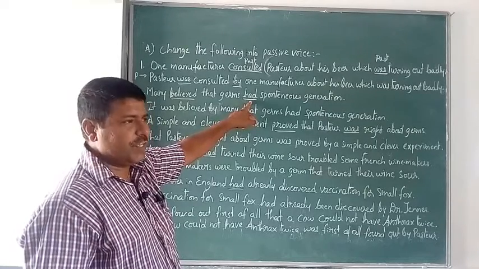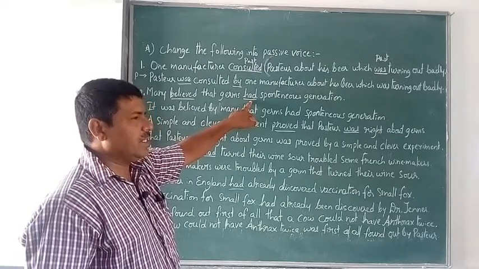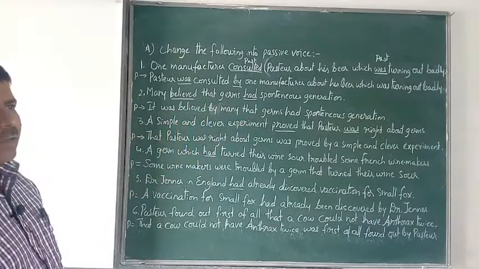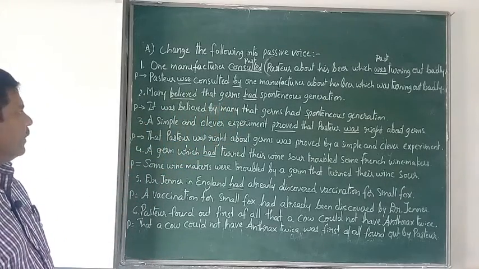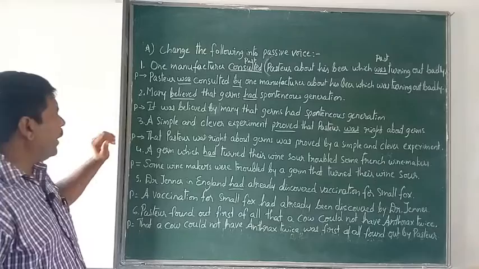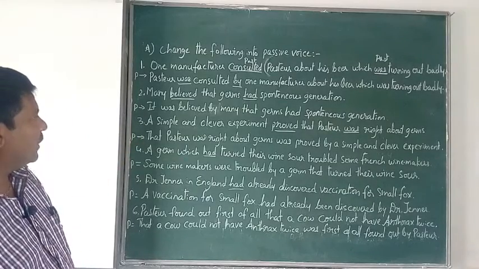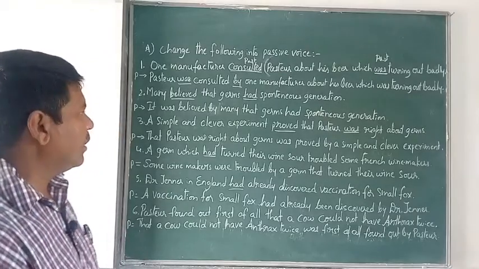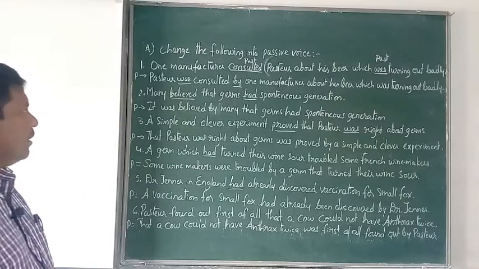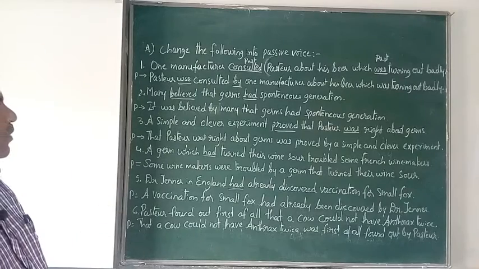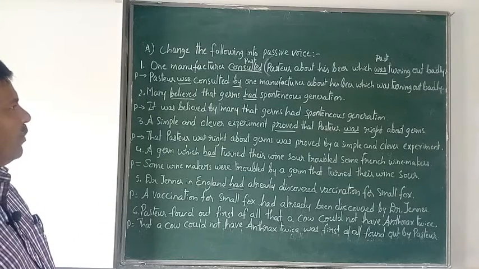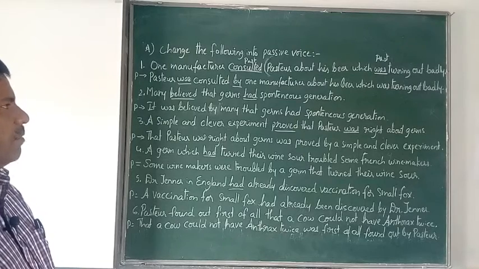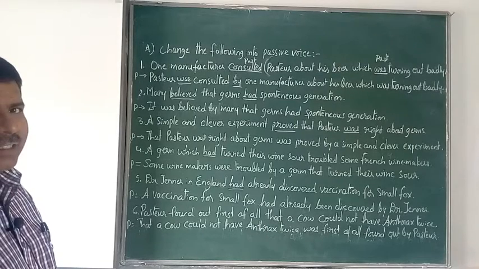Having is the continuous. So in the sentence we have "believed" and "had". It is very clear for us that this is also a past sentence. So, it was believed by many that germs had spontaneous generation. Here, "it was believed that", so it is a past sentence, no? It was believed by many that germs had spontaneous generation.